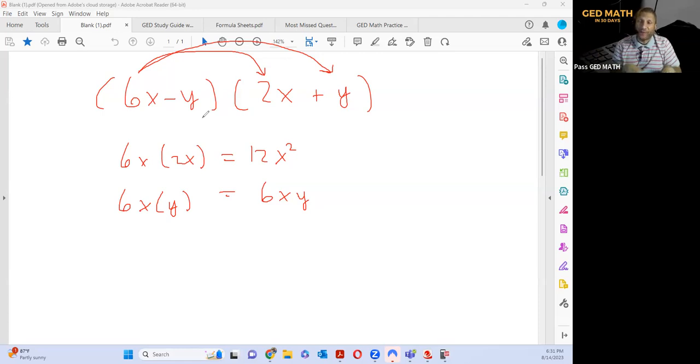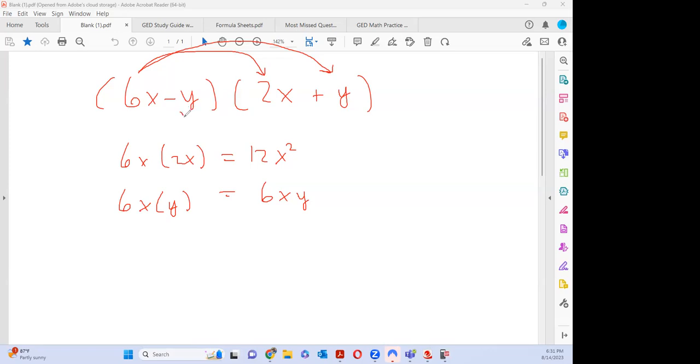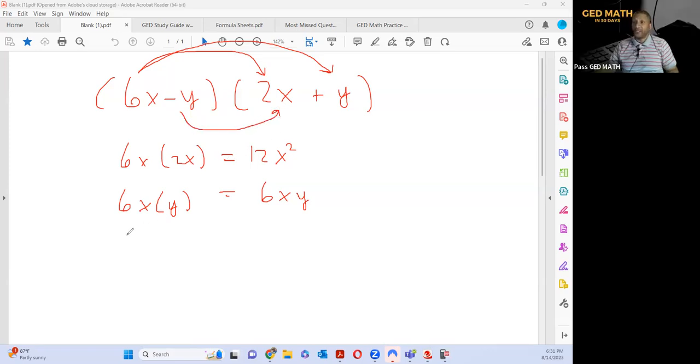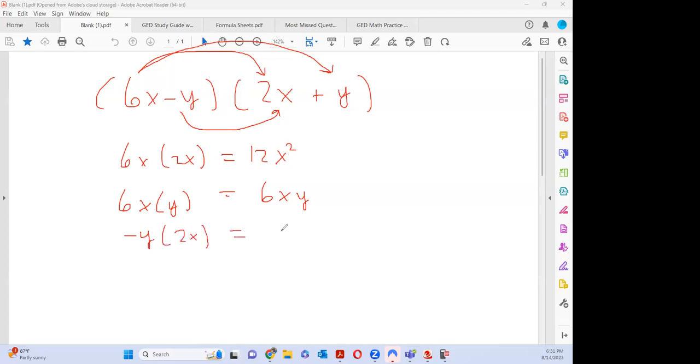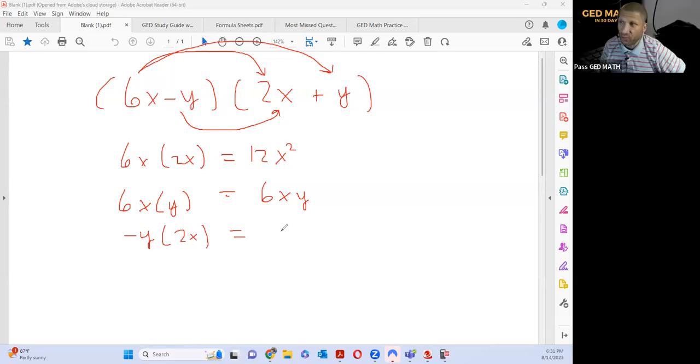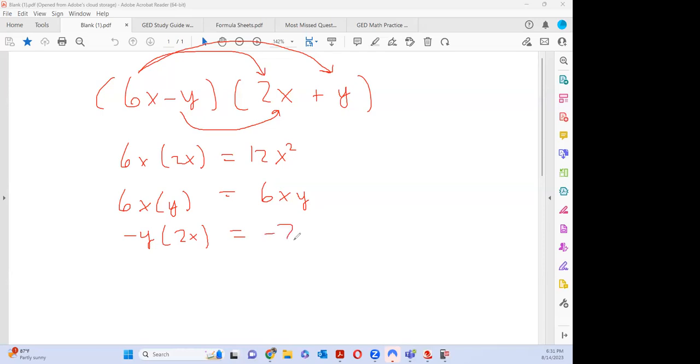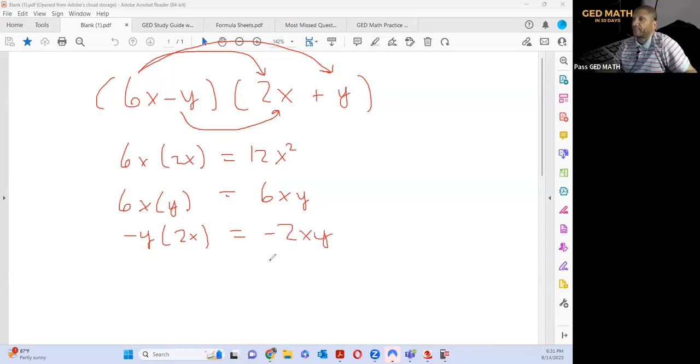Are we done with the first parentheses? No, you still have negative y. So we have to multiply negative y times 2x. What is negative y times 2x? Negative 2xy. Okay.